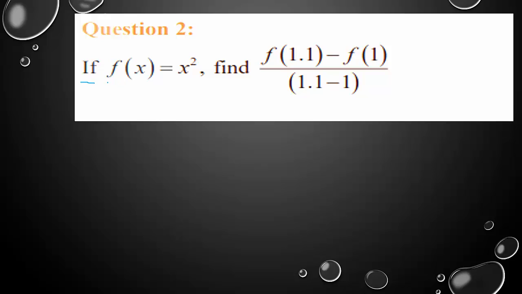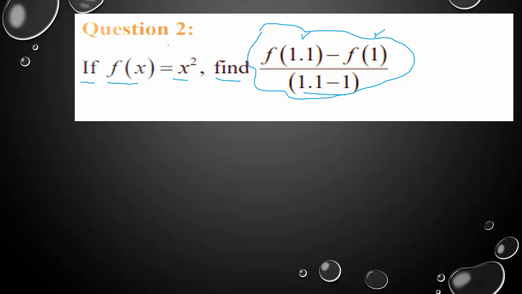If f of x equal to x square, then find f of 1.1 minus f of 1 divided by 1.1 minus 1. That means in this problem they are asking you to find this particular term.